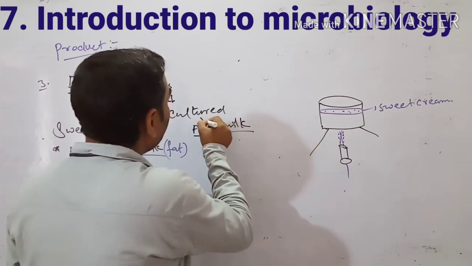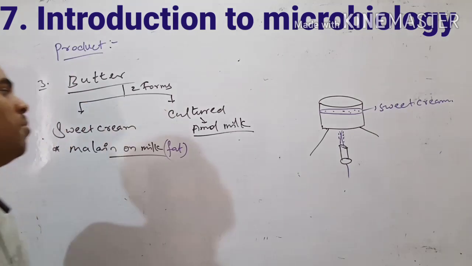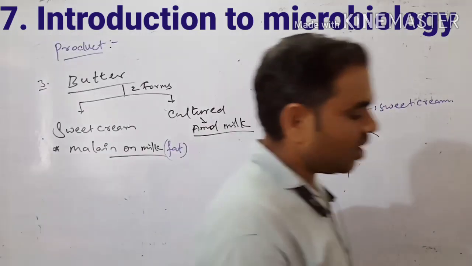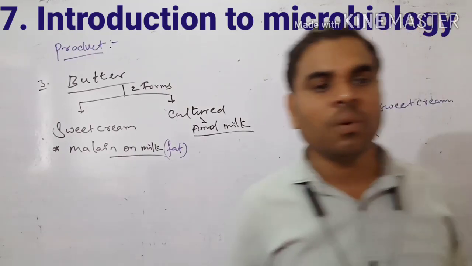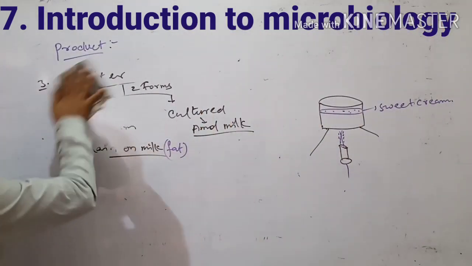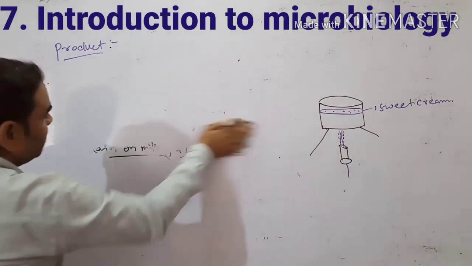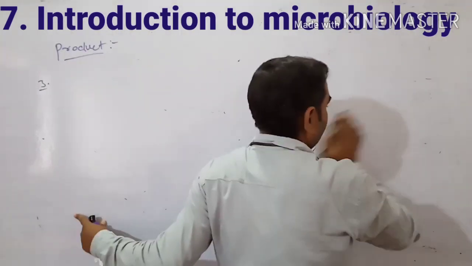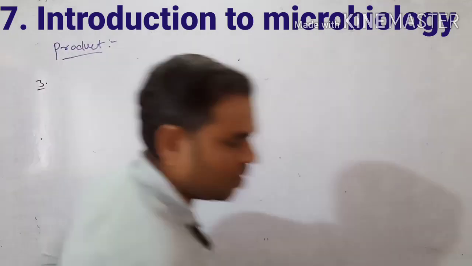So it is sweet cream forming like this, in two forms. Next, the fourth one is cheese production.